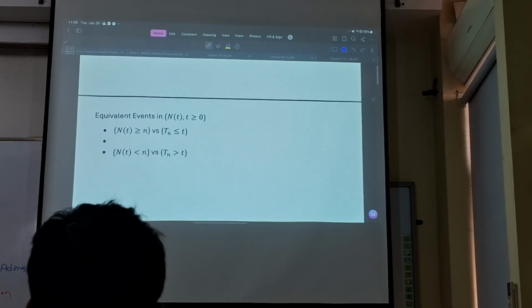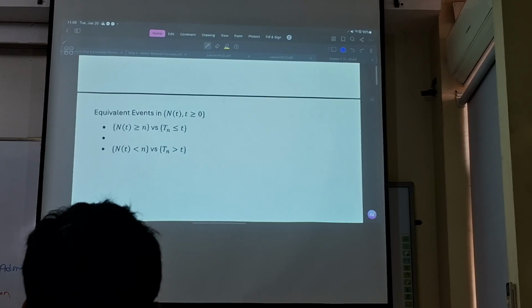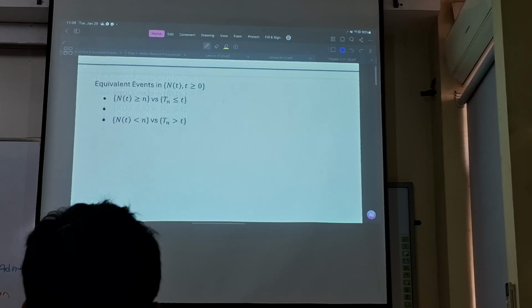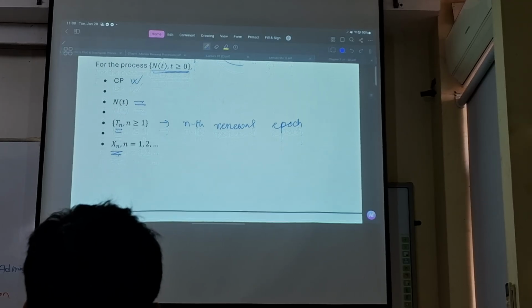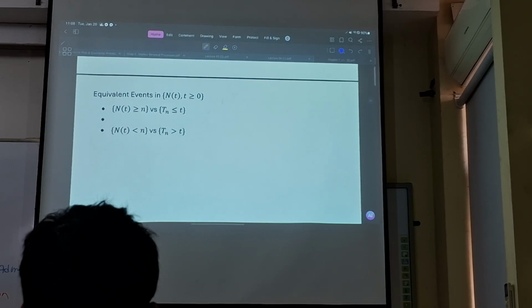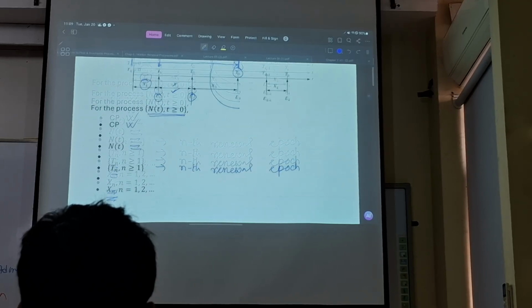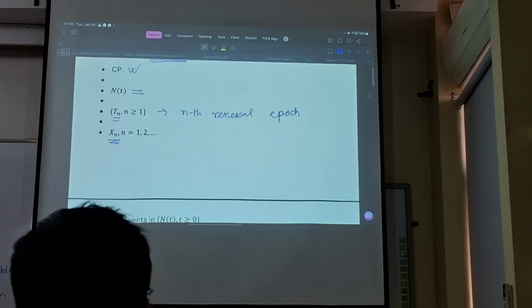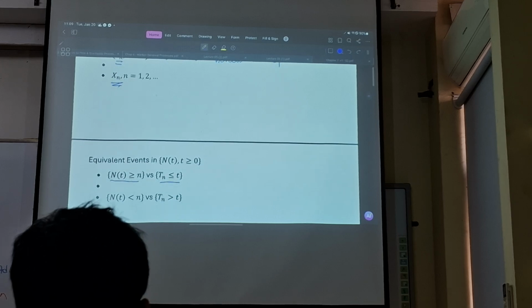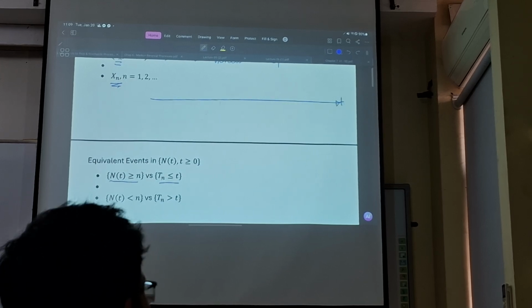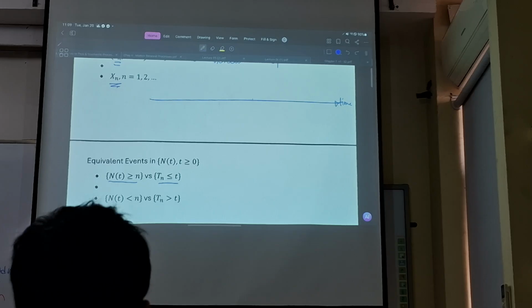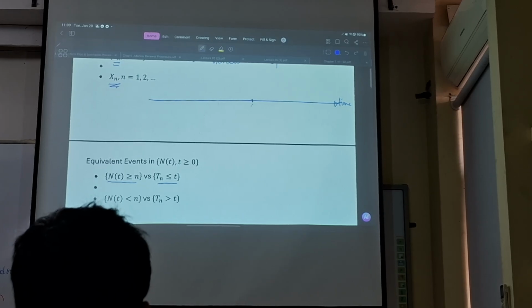Any questions here? Okay. We will compare these events. Let's see this one and this one. First, let us draw a timeline t. At this point, we have a variable t.